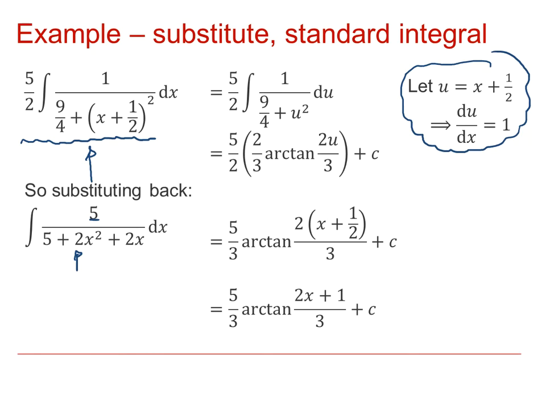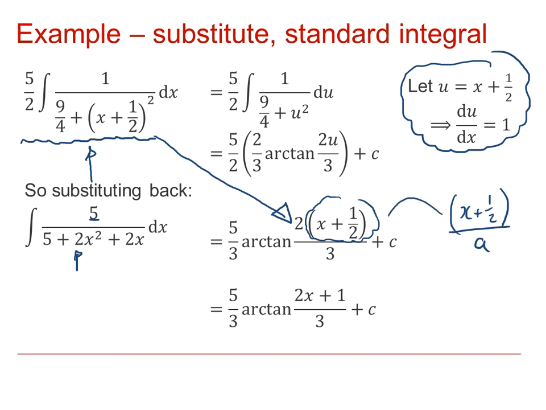So we could jump straight from there to there by simply substituting x plus a half instead of x in the standard result. So this is x plus a half over a arctan inside there.